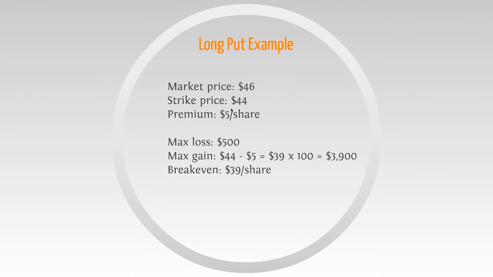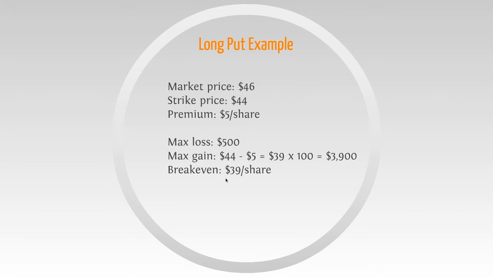We have our same $44 strike and $5 premium, but our maximum loss is the $500 premium that we paid, and our maximum gain is $3,900, which is a complete loss to the company. The market price goes down to zero, less the $5 a share that we paid to own the right of selling the shares, this put position.